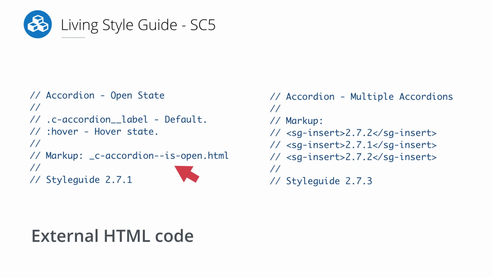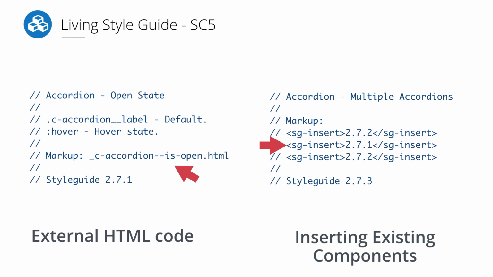The first thing, and this is a KSS Node native feature, is you can reference an external HTML file instead of putting all the HTML in your Sass partial. I think that's really useful to keep the Sass partials clean and easy to read. If it's more than 5 lines, I'll probably put it in an external file. That goes into the same folder that we put the component in as well.